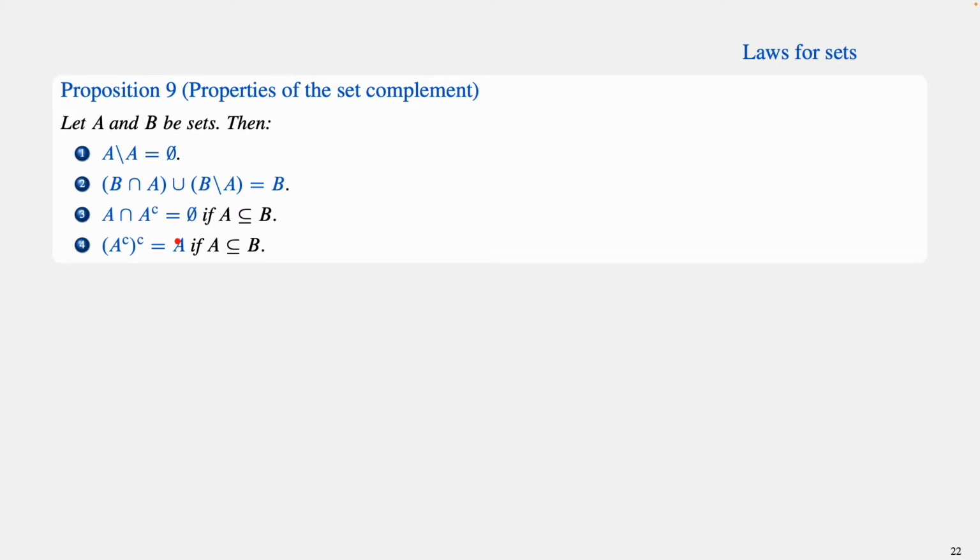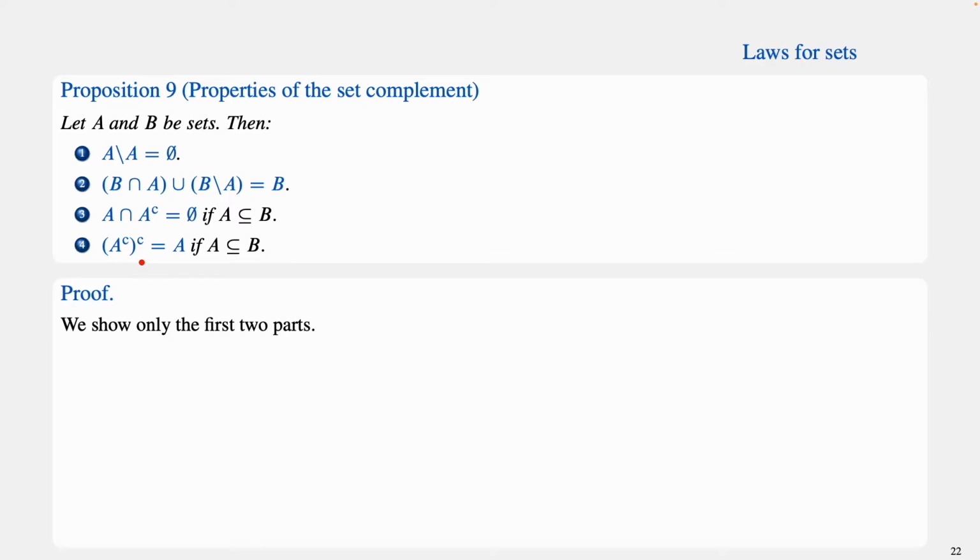Very similar to the first statement. And finally, the complement of the complement of A in B is the set A itself. Okay, so taking the complement two times just gives you back the original set.